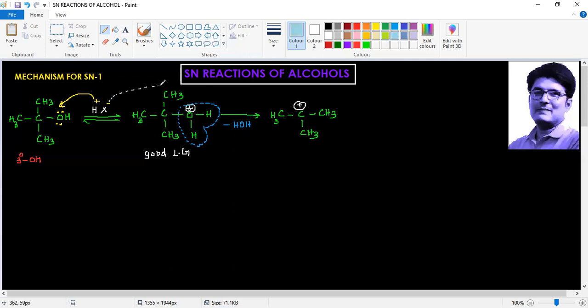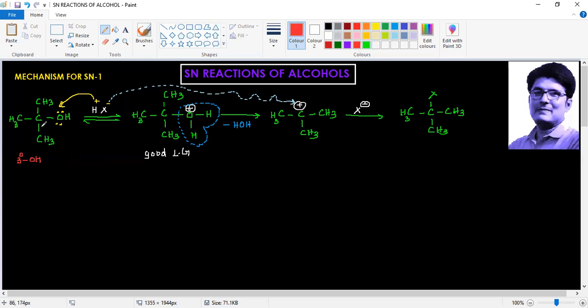Then how can we write the final product? The attacking species is a nucleophile, that is, the halide ion. Then the product can be written as CH3, C, CH3, CH3, and X. That means RX, alkyl halide, is obtained.